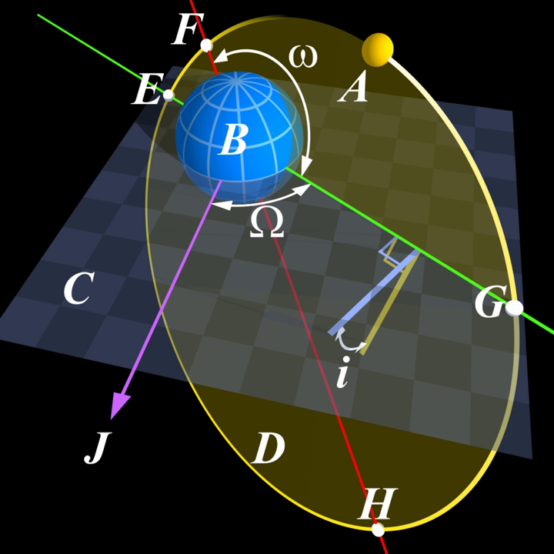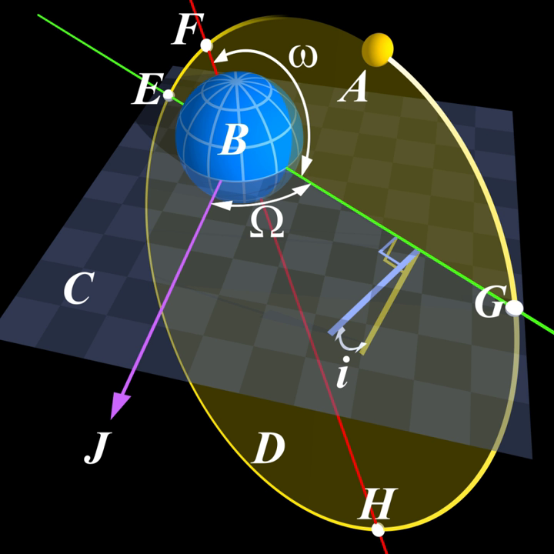Compute the true anomaly theta by the equation: square root of (1 minus epsilon) tan(theta/2) equals square root of (1 plus epsilon) tan(E/2).